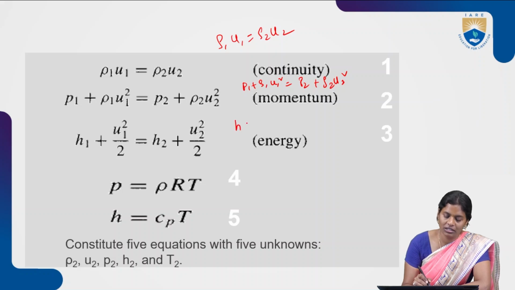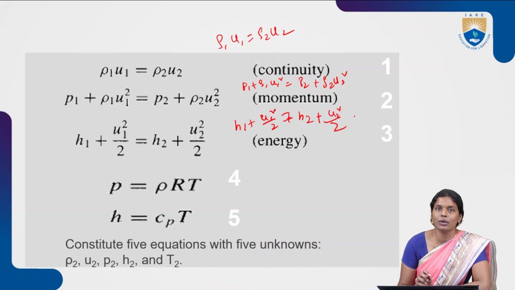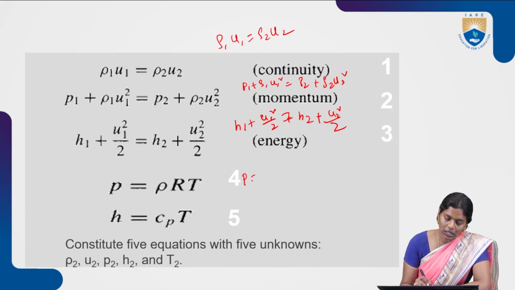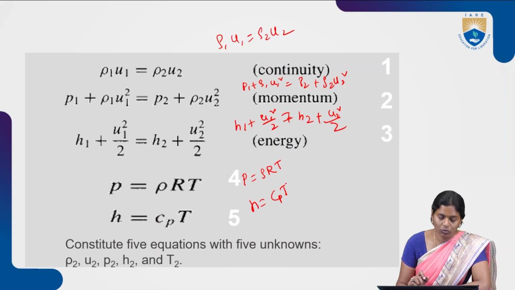We are also saying that no heat is added, it is adiabatic. So what is the energy equation? H1 plus U1 squared by 2 equals H2 plus U2 squared by 2. Apart from this, we require the ideal gas equation, P equals rho RT, and enthalpy equal to CP T. So what do we have?